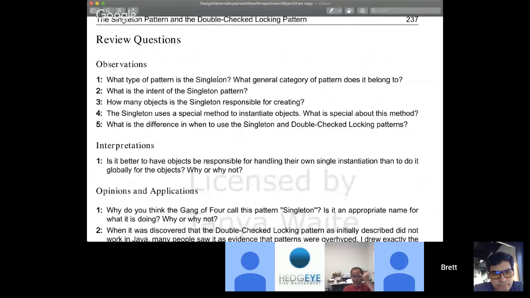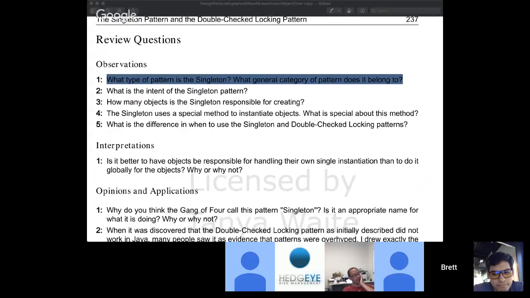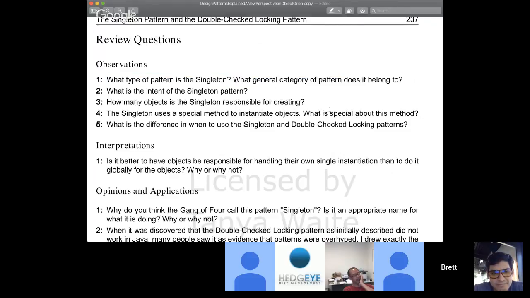What type of pattern is the singleton? What general category does this pattern belong to? What do you think, Forrest? Because it handles the creation, it is creational. What's the other one, the one that affects data? There's behavioral, structural, and what's the third one?